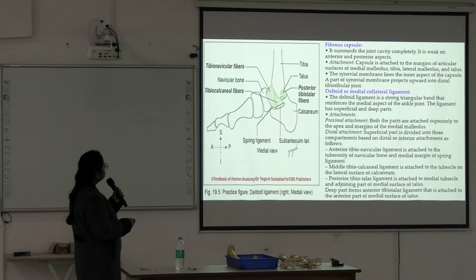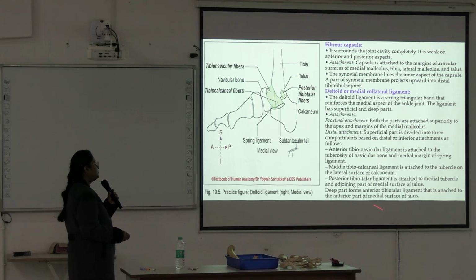Then the middle tibio-calcaneal ligament. See here, these are the tibio-calcaneal fibers attached to the sustentaculum tali. The posterior tibiotalar ligament is attached to the medial tubercle and adjoining part of the medial surface of the talus.